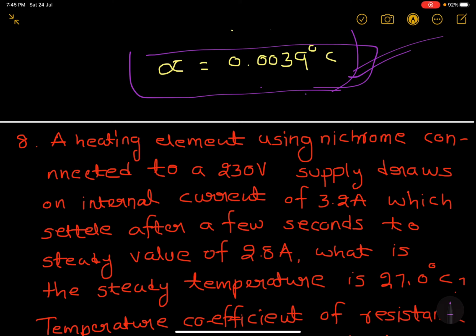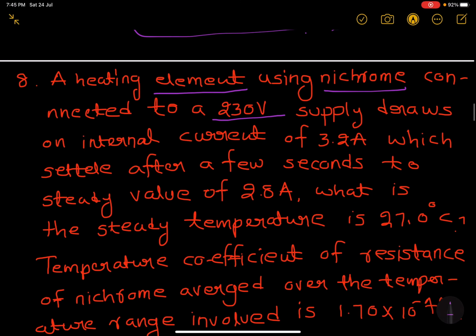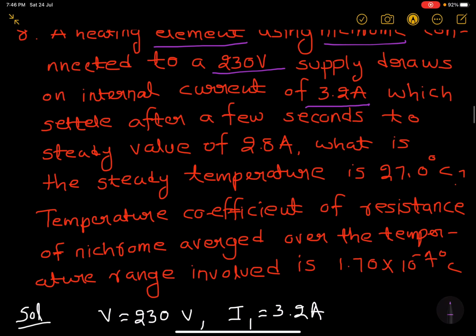A heating element using nichrome connected to a 230 volts supply draws an initial current of 3.2 amperes, which settles after a few seconds to a steady value of 2.8 amperes.